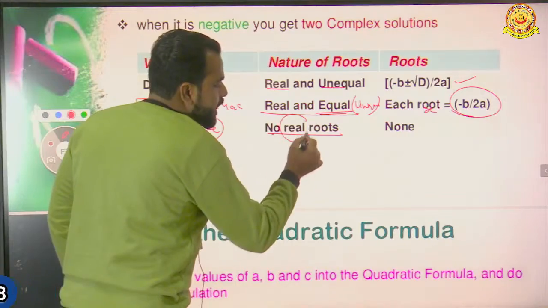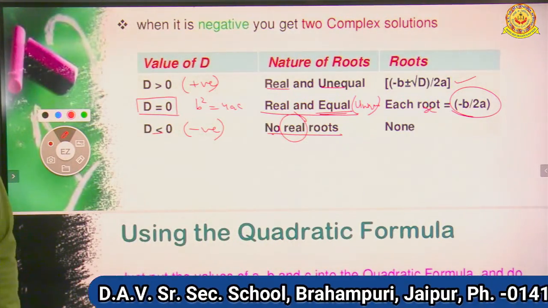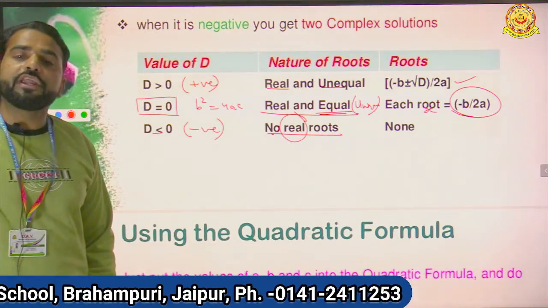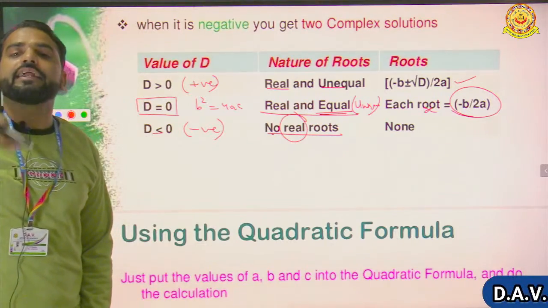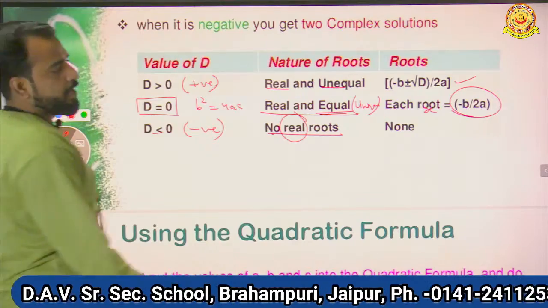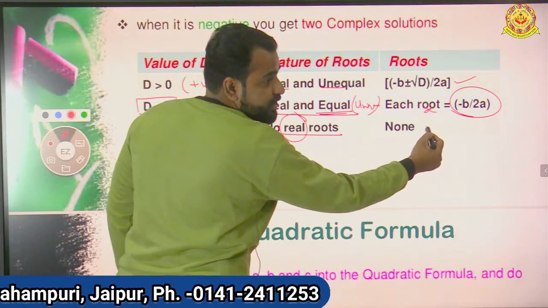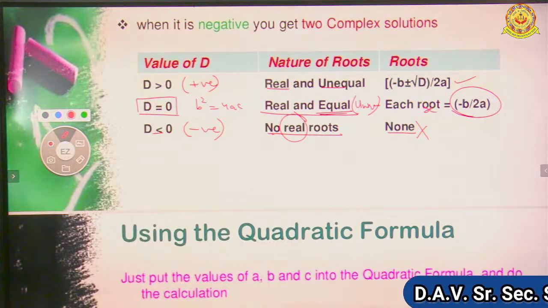It's written real roots. That means roots will exist, but they will not be real. They can only be imaginary. We can find them, but it is very complex and only imaginary, but the real roots will not be there. So how many roots are possible in that situation? None. No real roots are possible.